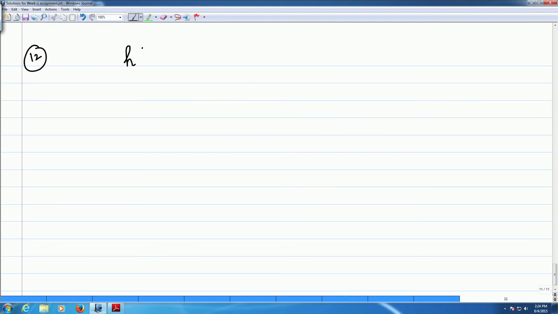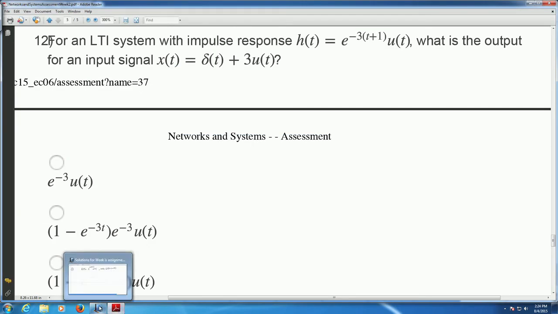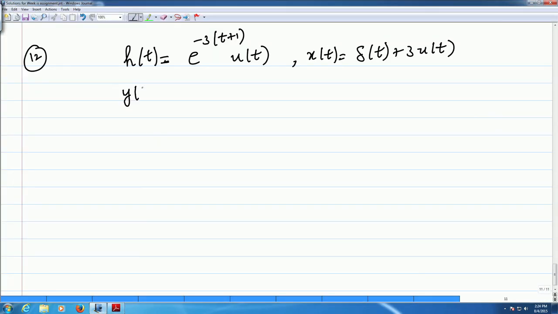Okay. So, h of t is e power minus 3 t plus 1 u t, and the input x of t is delta of t plus 3 u of t. Okay. Let me check that once again, plus 3 u of t, and you have to find the convolution. Okay. So, these kind of convolutions can be done in various ways, and you can use the linearity properties of the convolution.